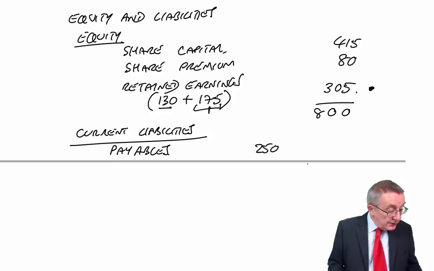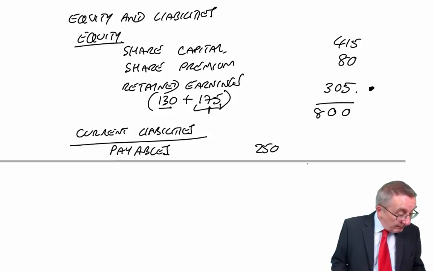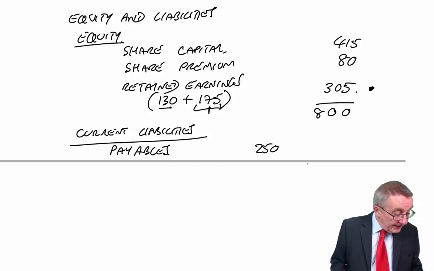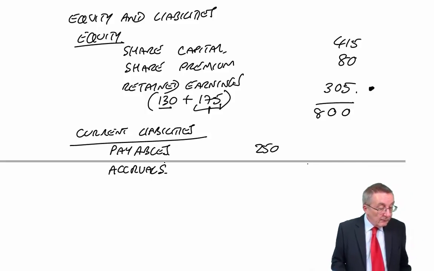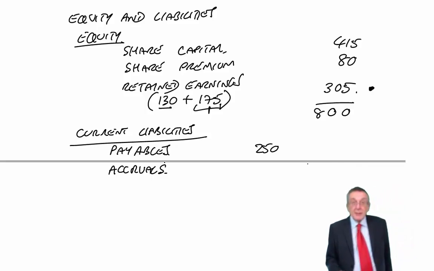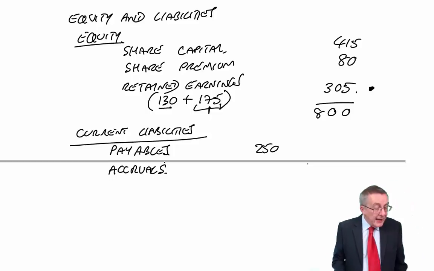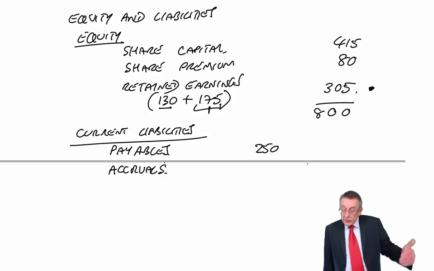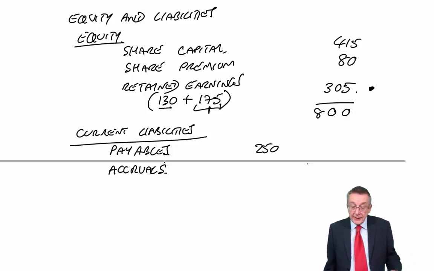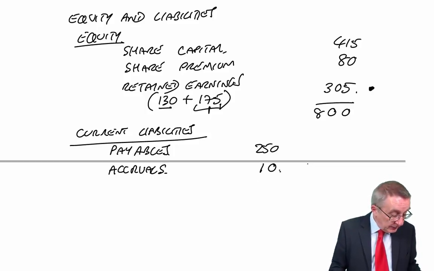In addition, we had that energy accrual. Remember, we had that last bit of extra information with that invoice for energy. We did the workings earlier. We owe for 2 months' energy. 2 months out of a 3-month bill, we owed 10,000.